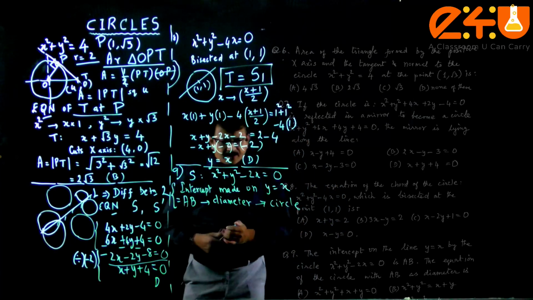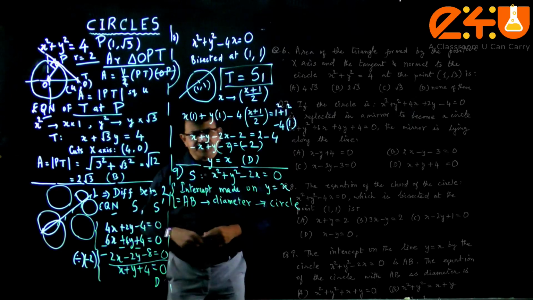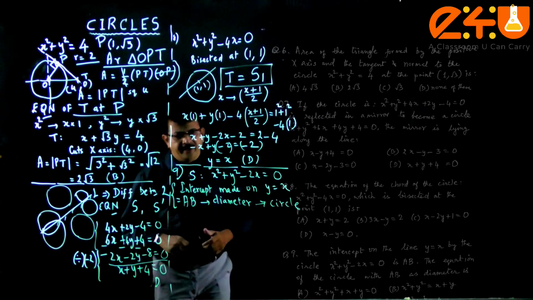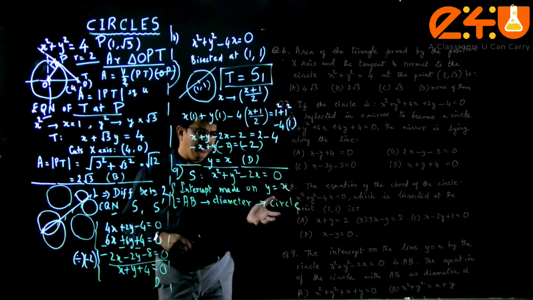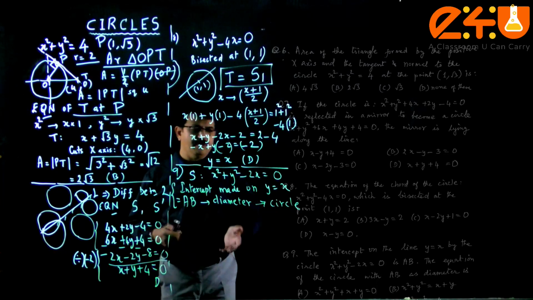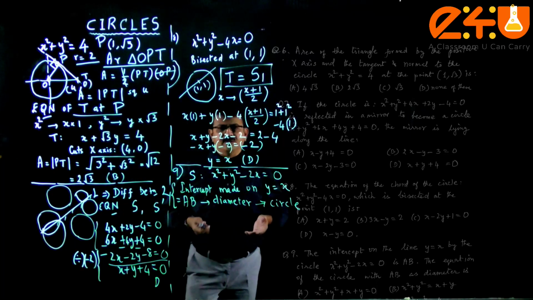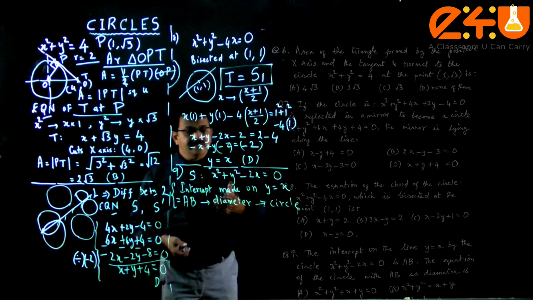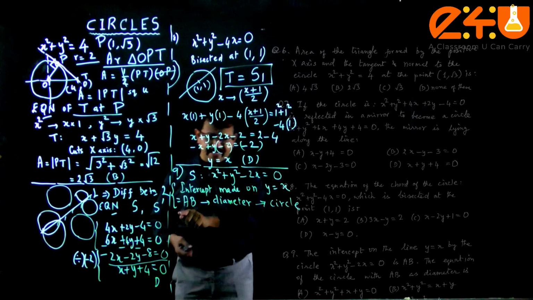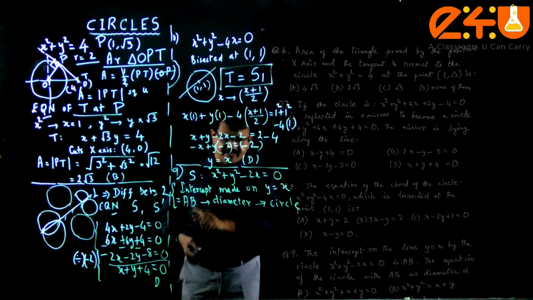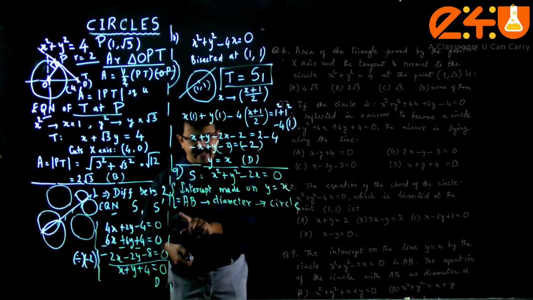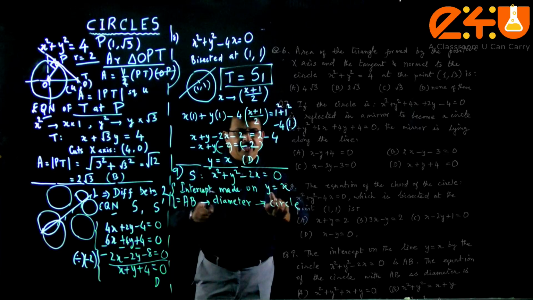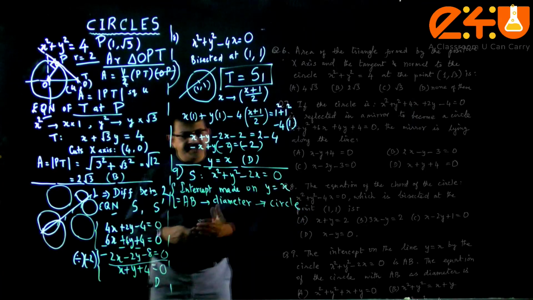Okay, so the equation x squared plus y squared minus 2x equal to 0, and without going for any kind of sketching or finding out the center or radius, we can straight away get the end points A as well as B made by the line y equal to x. How? It is very simple.